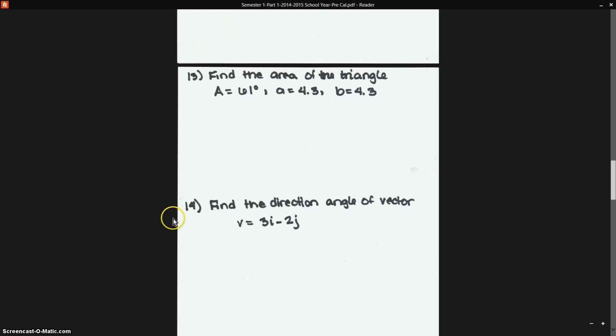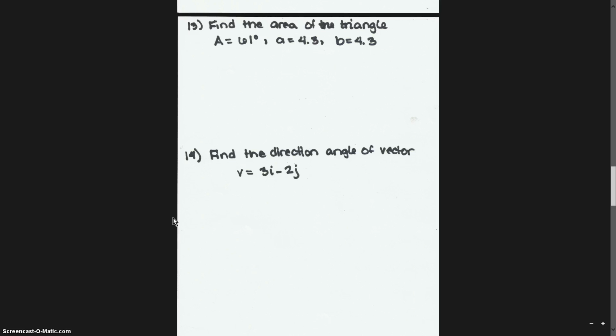Let's look at number 13. Number 13 is saying find the area of the triangle, and we have angle A is equal to 61 degrees. Little a is equal to 4.3, and little b is equal to 4.3. Now what's special about this is our sides. We have two sides that are equal. So if you think about it, let's go back to geometry.